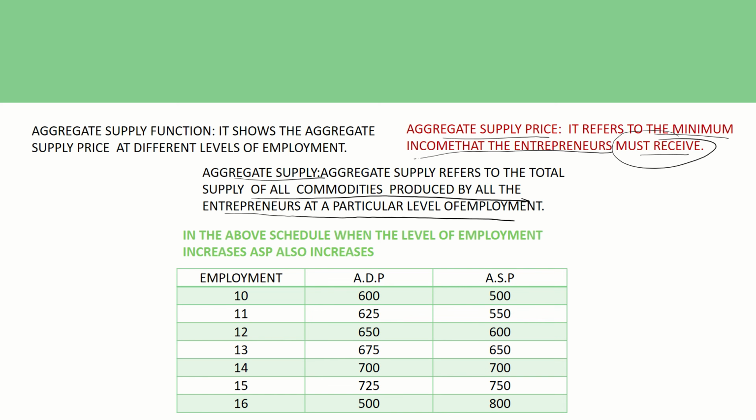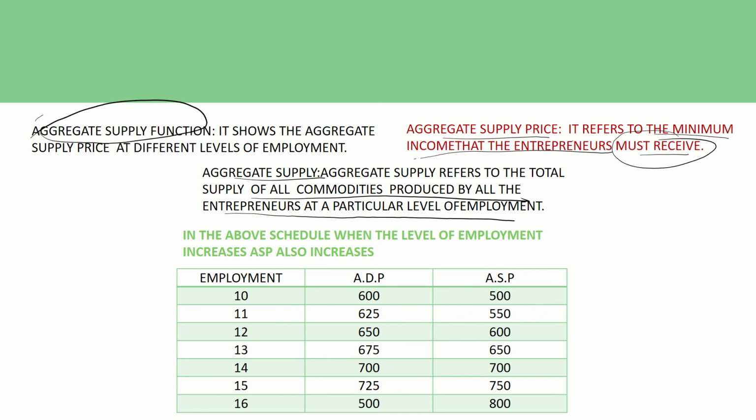Then the aggregate supply function shows the aggregate supply price at different levels of employment. That is nothing but the aggregate supply function. So we have aggregate supply price and aggregate supply function. Aggregate supply price refers to the minimum income that the entrepreneur must receive from the sale of output, which includes the cost of production.